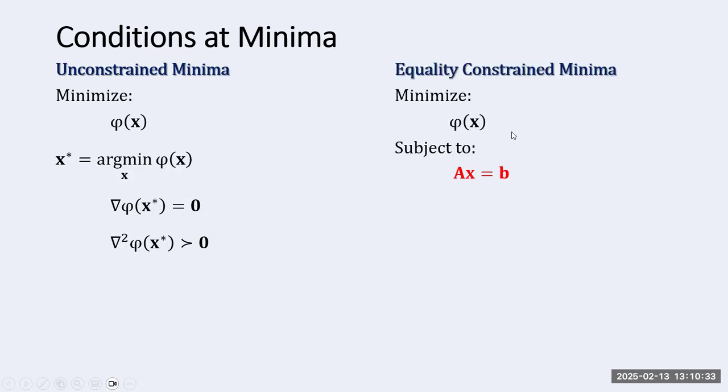Now, when we have an equality constraint, and we are only going to deal with equality constraints here, again we have to minimize a function, but now we have a condition: AX must be equal to B. So X star equals argmin of phi of X with respect to X such that AX equals B. This is the constrained minimum X star.